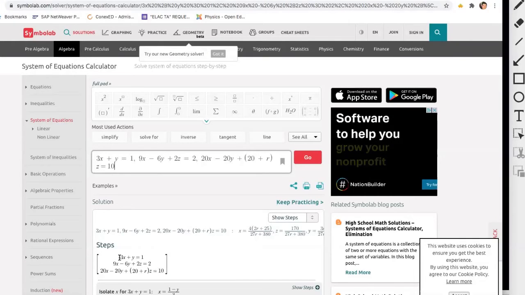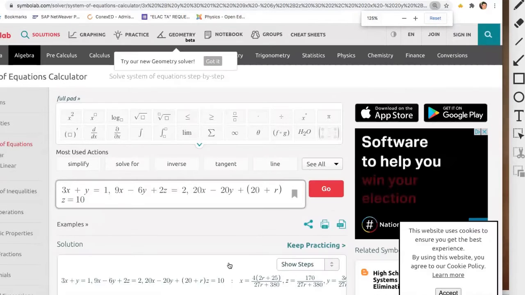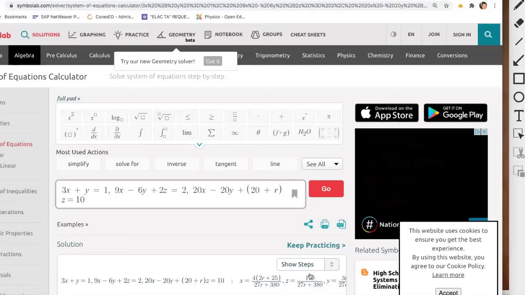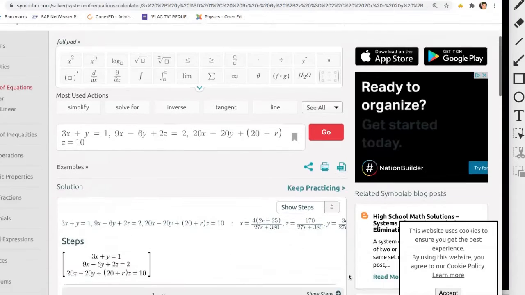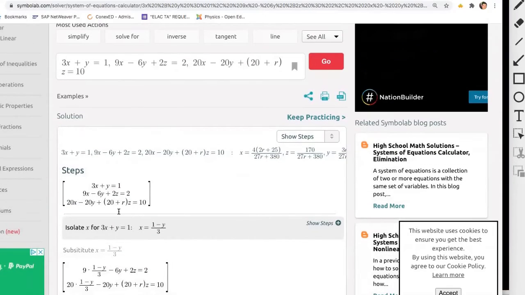Oh, then you can kind of see it in a nicer way right here. I enlarged it so you can see it better. 9x, yeah, 20x minus 20y.